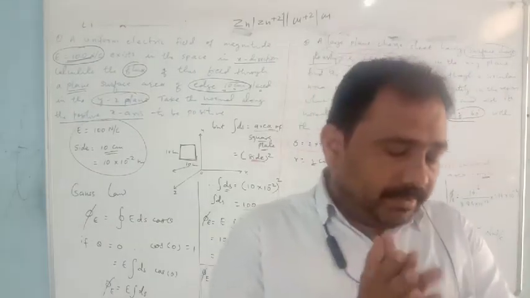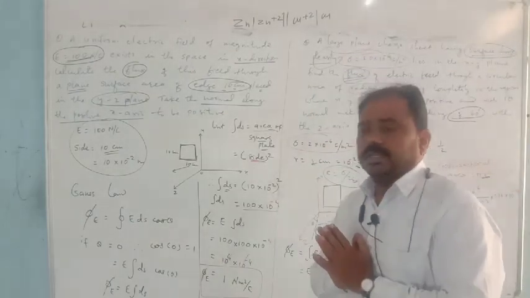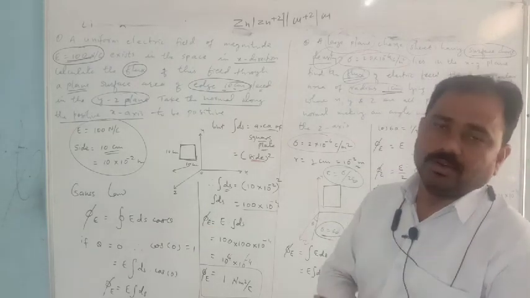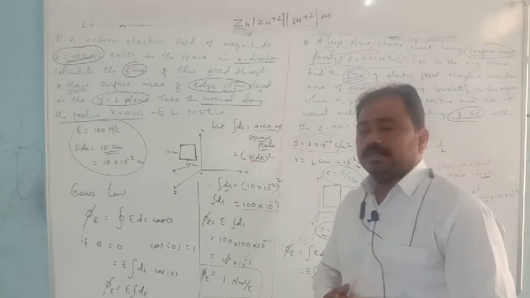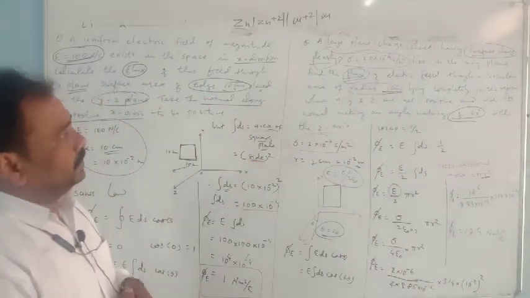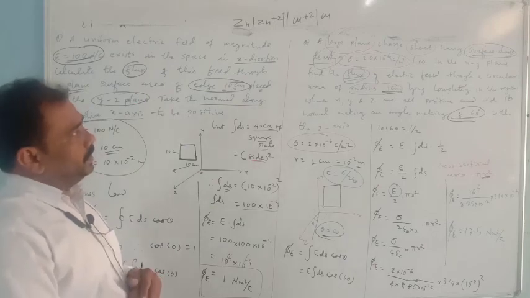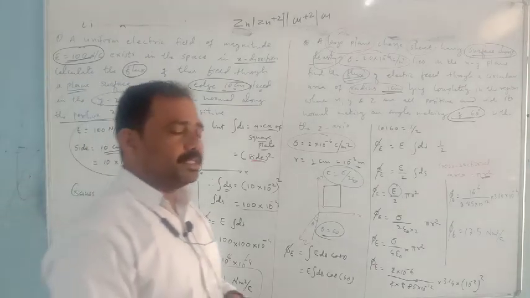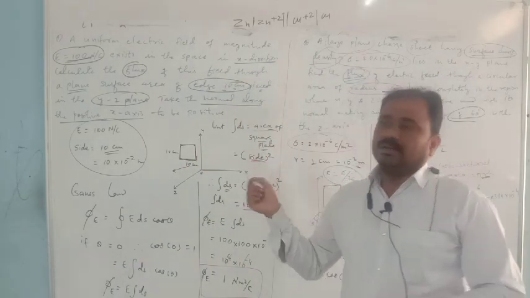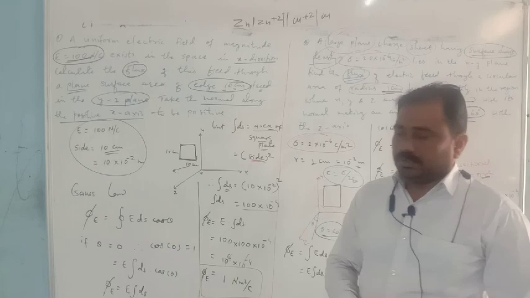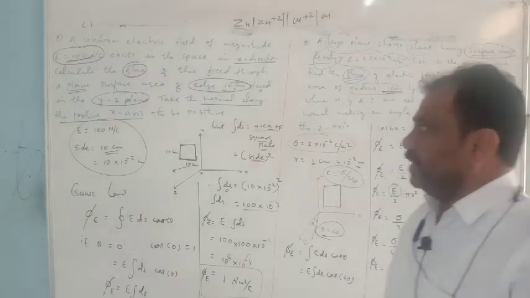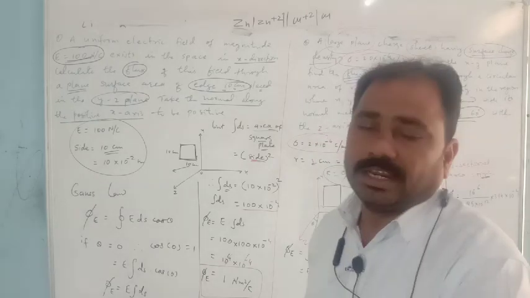These are very important topics from the electrostatics unit, electric flux and Gauss law, because most of the applications and most of the MCQs depend on these articles, and it may be asked in your exams to calculate the electric flux, or Gauss theorem. Okay, so I think you will understand these applications depending on the flux and Gauss theorem.